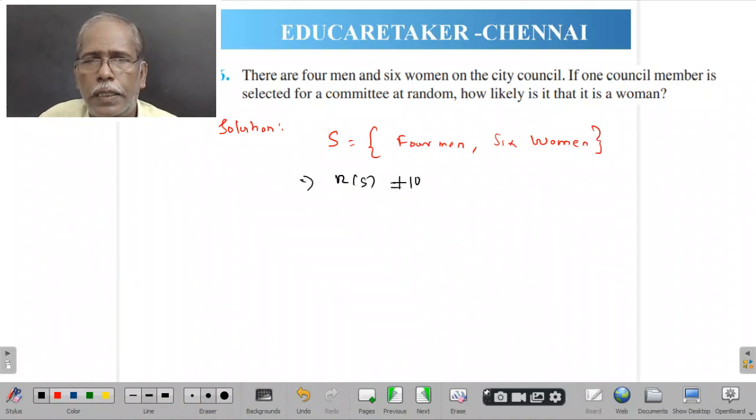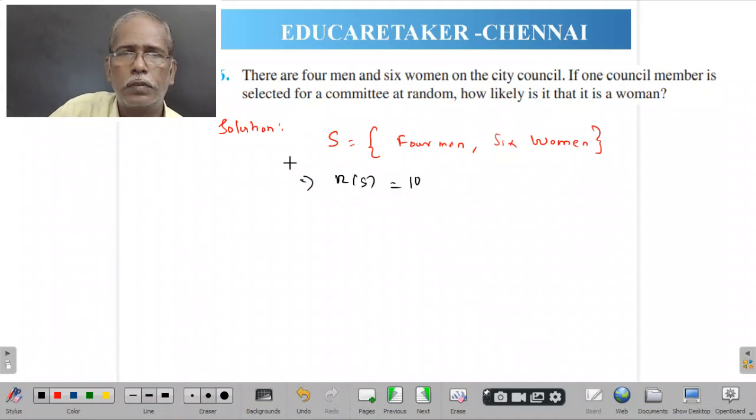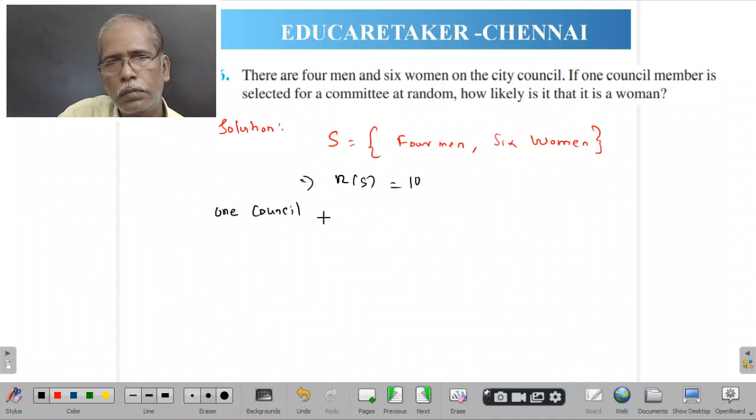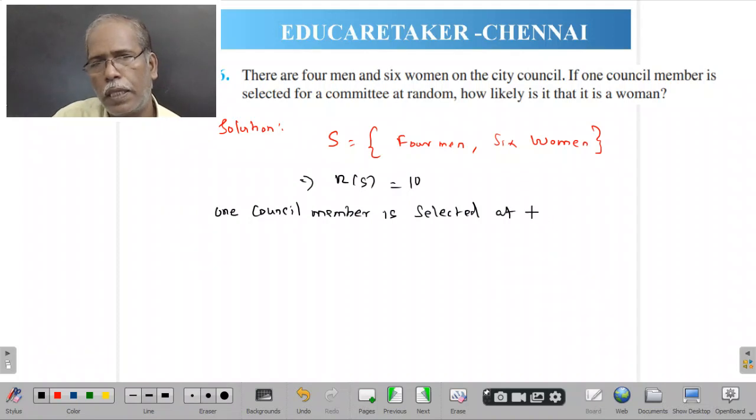From the 10-member council, 1 member should be selected for a committee at random. So 1 council member is selected at random. It is pure probability, at random.